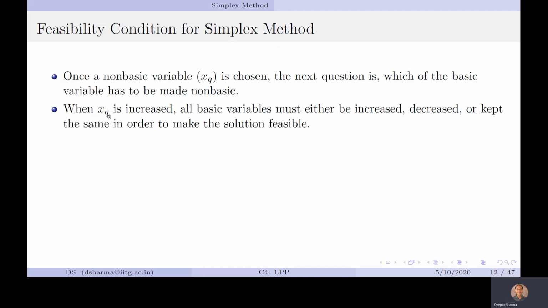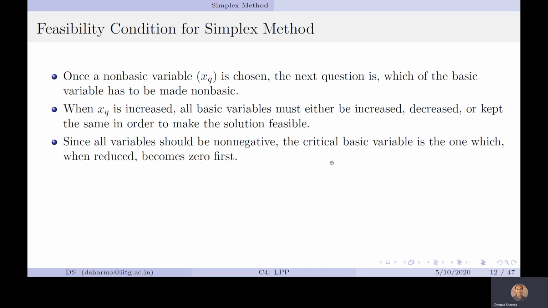When we increase this value from 0, because xq is currently non-basic, to some positive value, we have to look at which basic variable will become 0 quickly. When we find such a variable which becomes 0 first, that basic variable is the one that should be converted into non-basic.